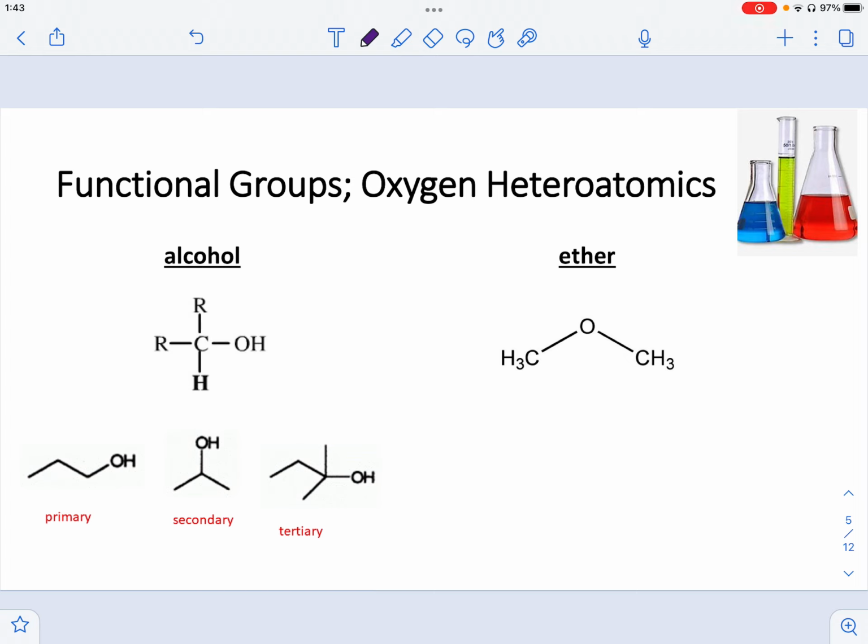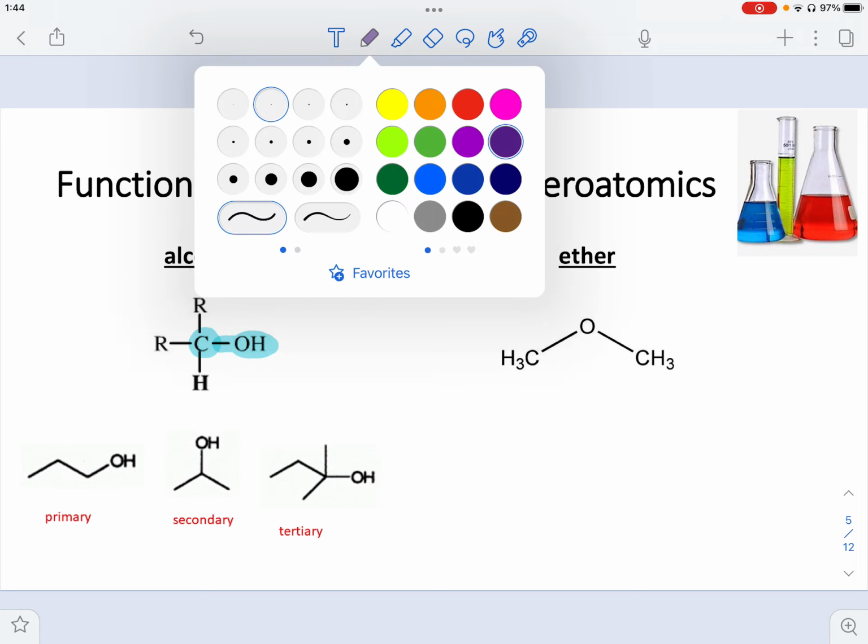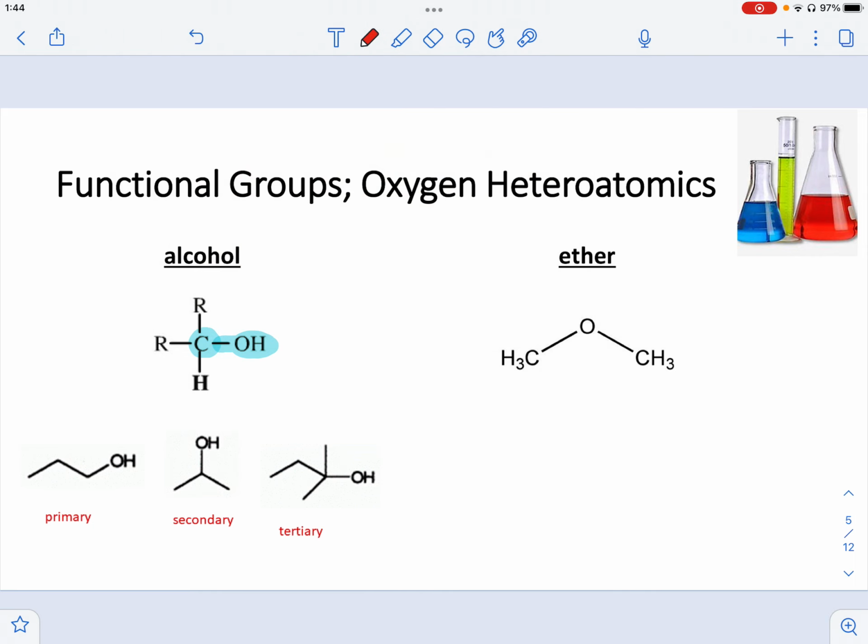So, out of the oxygen heteroatomics, we have two members. The first one is an alcohol. And what makes an alcohol have its signature attachment is that we need to have a carbon atom that is bonded to an OH group. And that OH group is what we call a hydroxyl group.